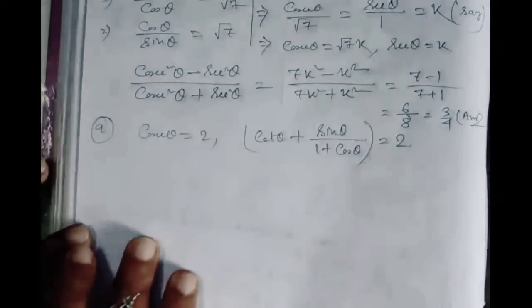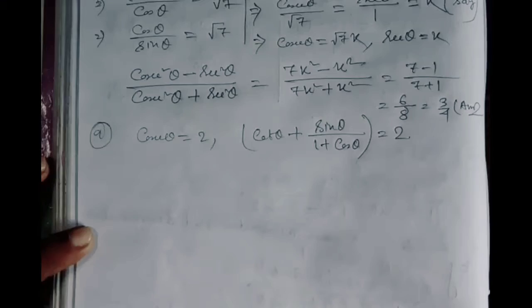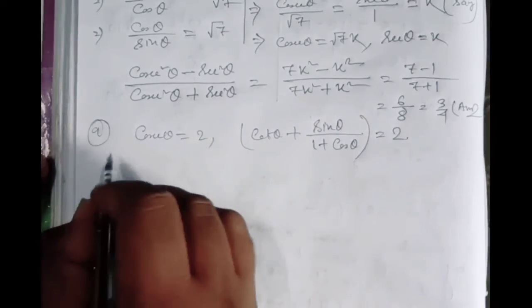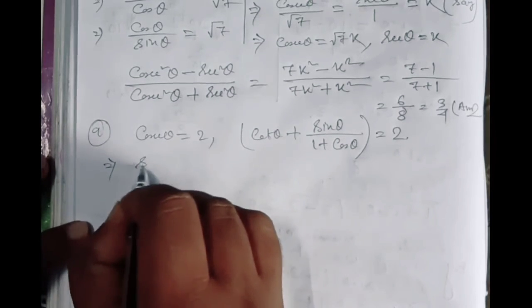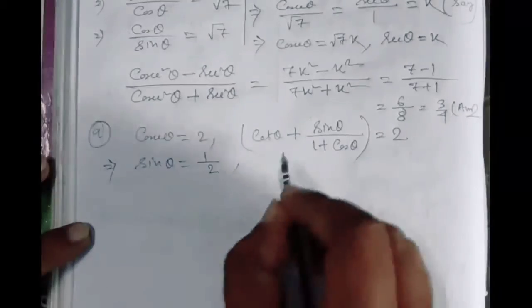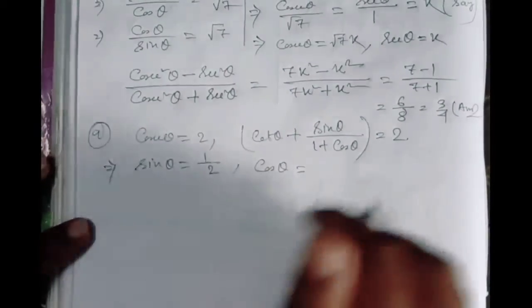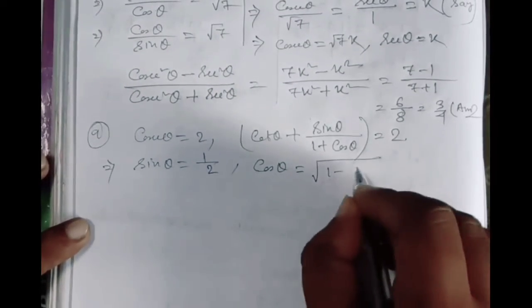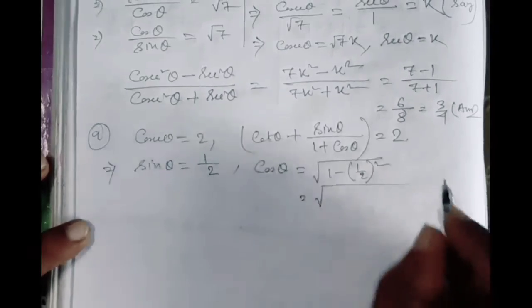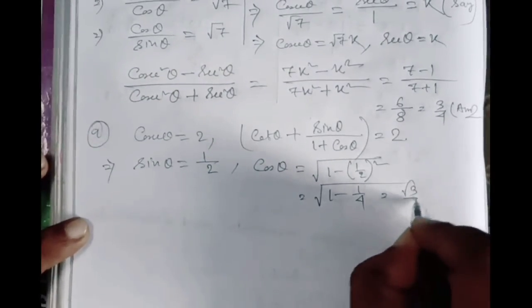So how can we solve it? Now cosec theta is equal to 2, so that means sin theta is equal to 1 by 2, and cos theta is equal to root over of 1 minus sin square theta. That means 1 minus 1 by 4, which is root 3 by 4.